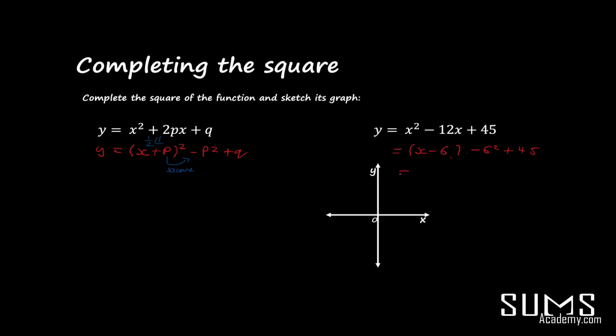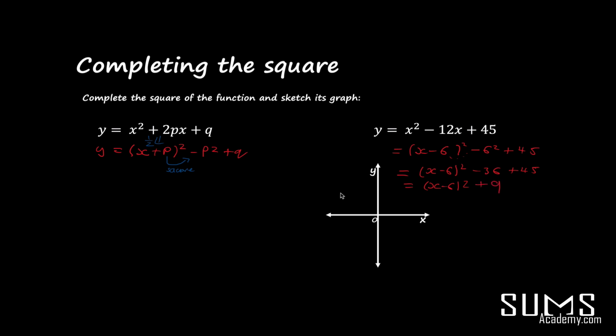So equals (x minus 6) squared minus 36 plus 45. So this then becomes (x minus 6) squared plus 9.